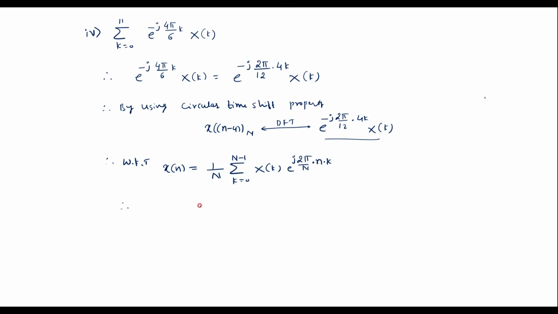Therefore the IDFT of this function is x of n minus 4, where N is 12, equal to 1 over 12 summation k equal to 0 to 11 of e power minus j 4 pi by 6 into k x of k multiplied by e power j 2 pi by 12 into n into k.